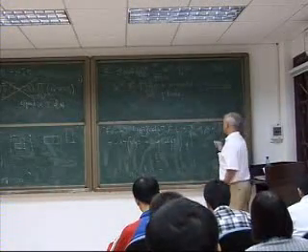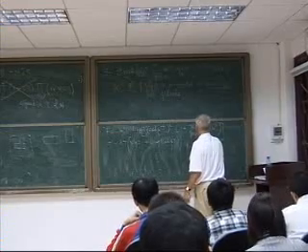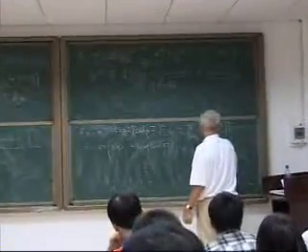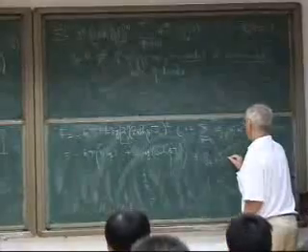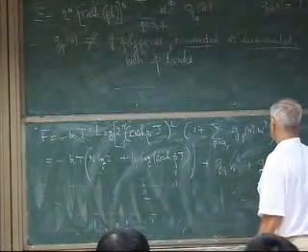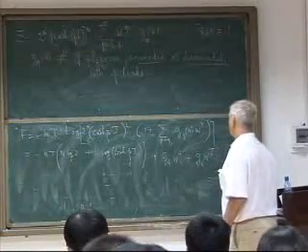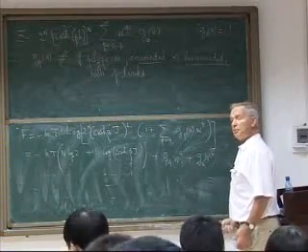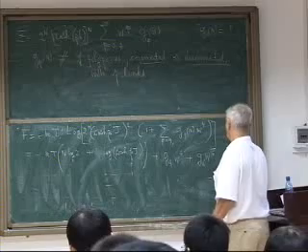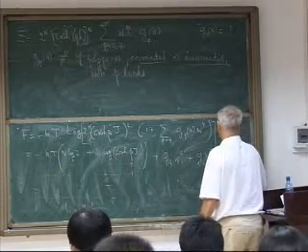The first term is, of course, G4 W4. Then there is a term of order 6, G6 W6. Then there is a term of order 8, but there are two terms of order 8. One is G8 W8.